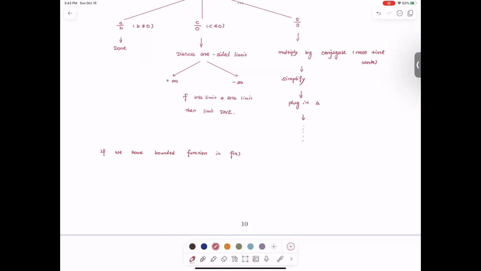Bounded above and below. For example, sine x, cosine x, arctan x. Those are bounded functions. Then you use the squeeze theorem.